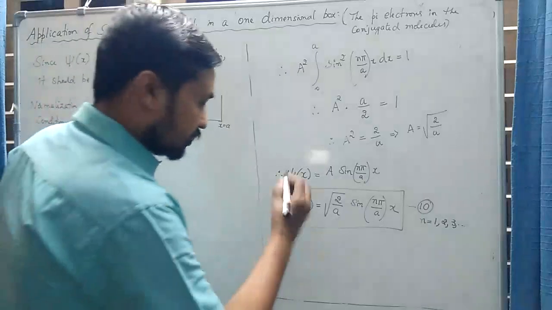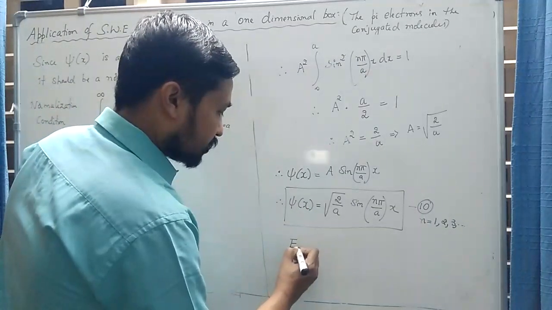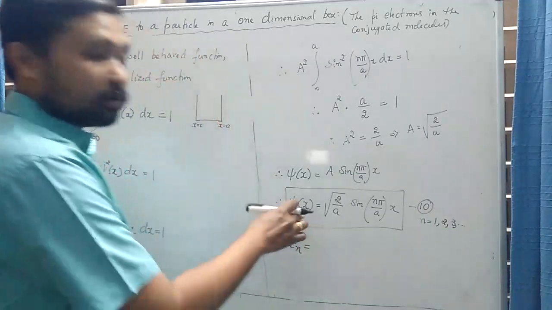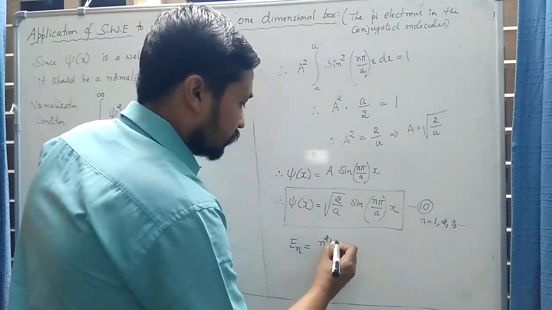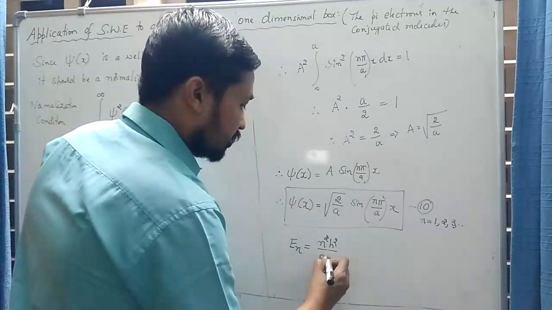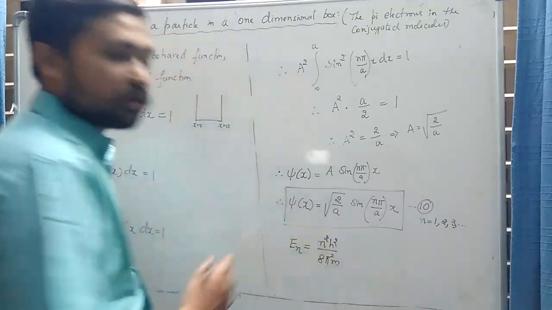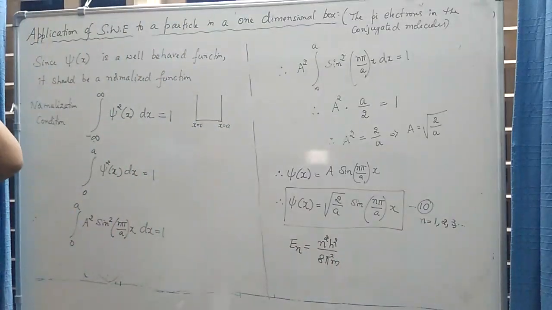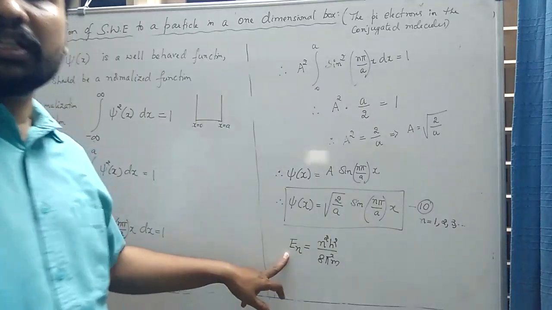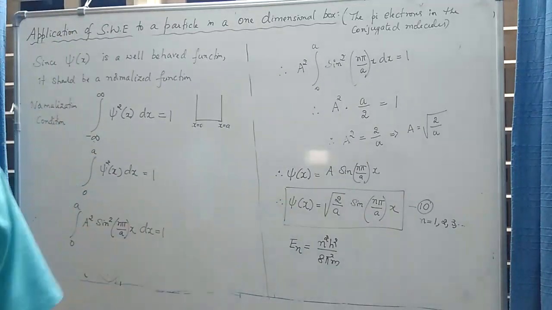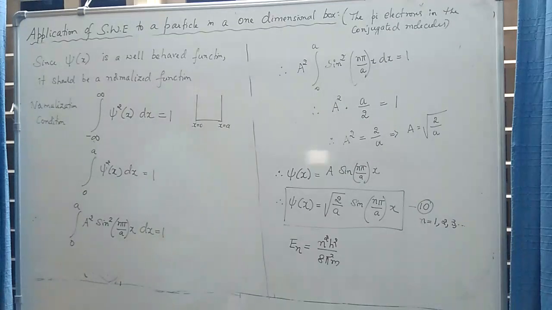And in the previous slide we obtained an expression for energy corresponding to this wave function, that is n square h square divided by 8 m a square. So these two expressions are very important. One is the expression for the energy of the particle, and the other is the expression for the wave function of the particle trapped in a one-dimensional box of length a.